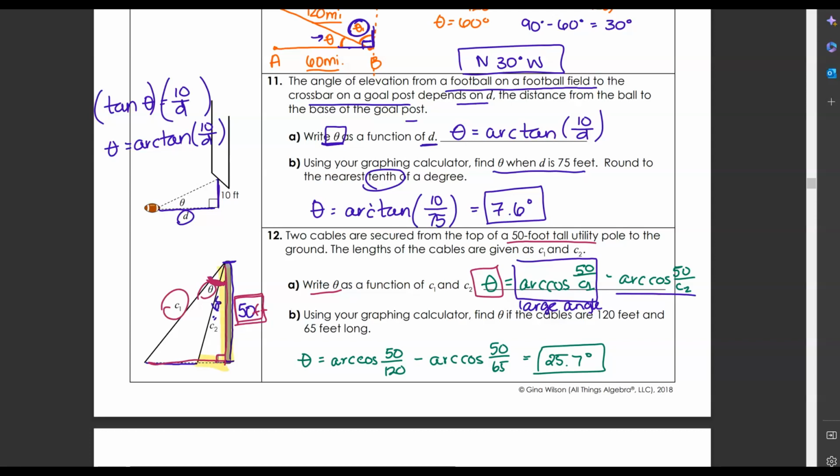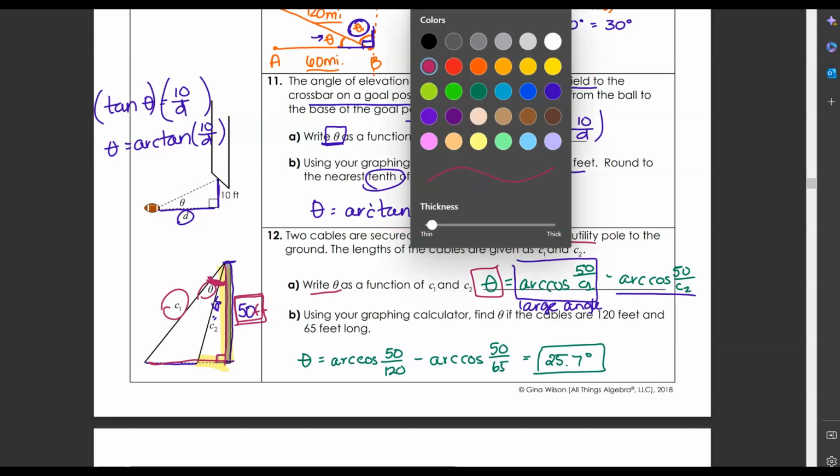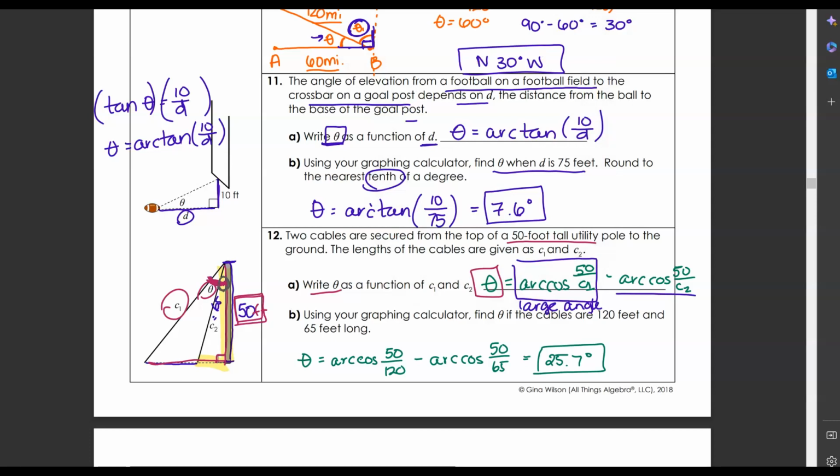This smaller triangle here, and remove that angle. We want to get rid of this little piece of the angle here. And so what is that angle, right? That angle in gray is going to come from, again, another cosine, but this time we're going to do 50 feet over c2. So that's what we're subtracting over here. And so that's how we get that entire angle theta.